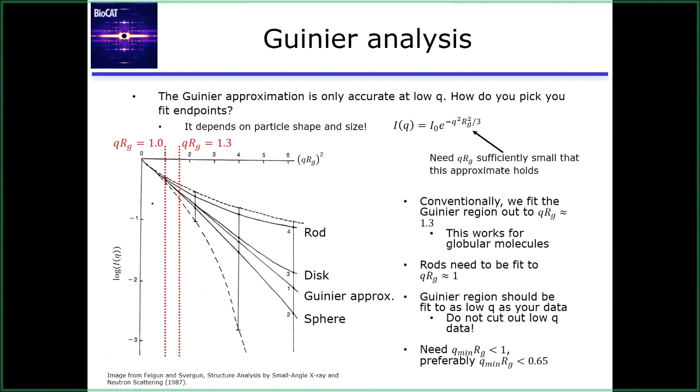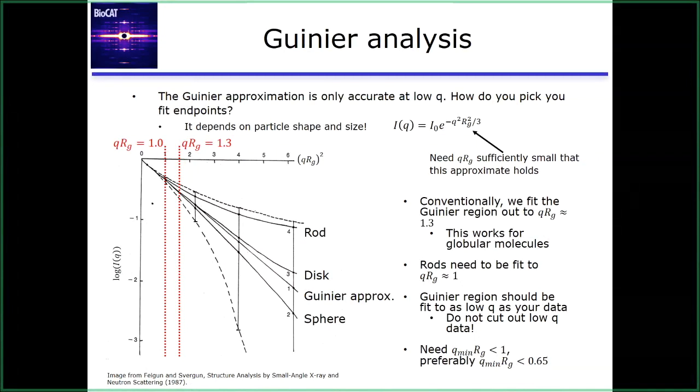Well, the unfortunate and challenging part is that it depends on the particle size and shape. So it's not straightforward. The relevant parameter for the scale where this approximation holds is Q times Rg, which is up in this exponent. For a given size of molecule, you need Q times Rg to be sufficiently small that this approximation is true.